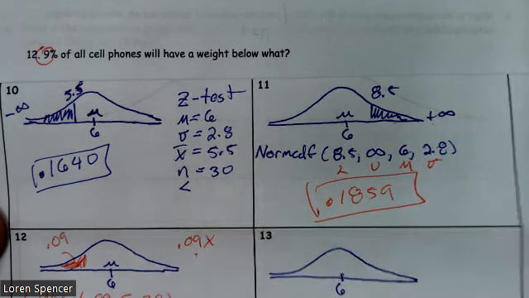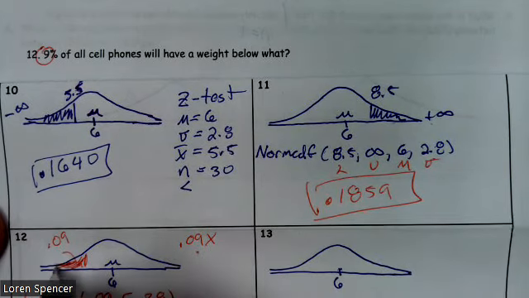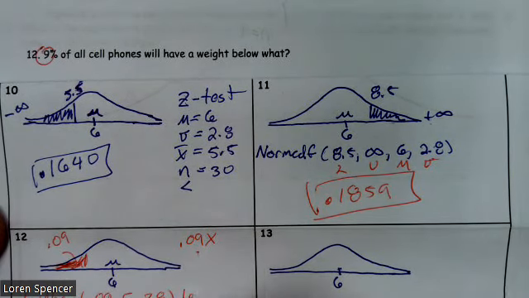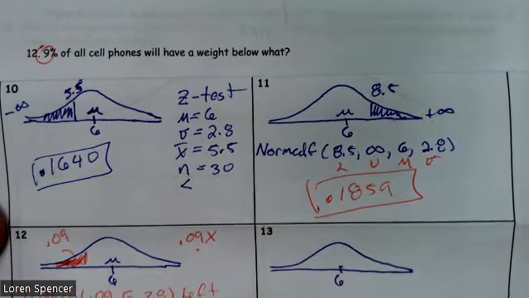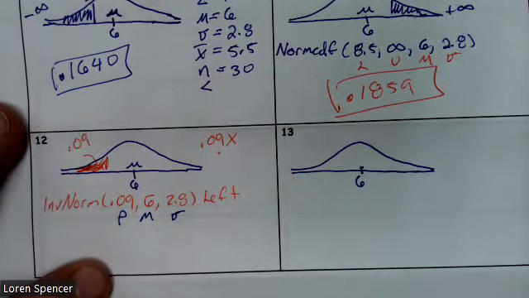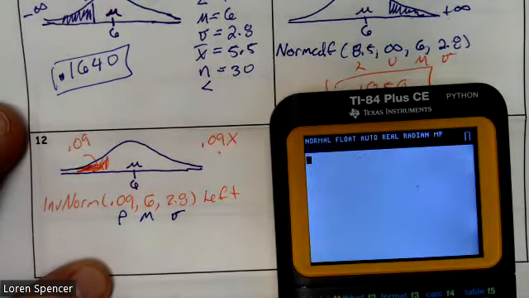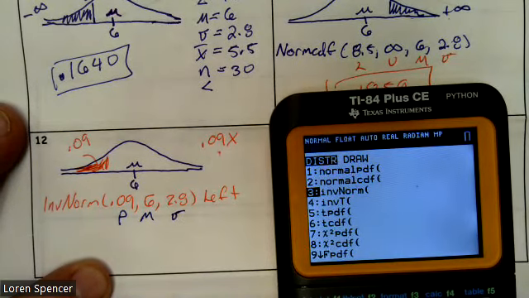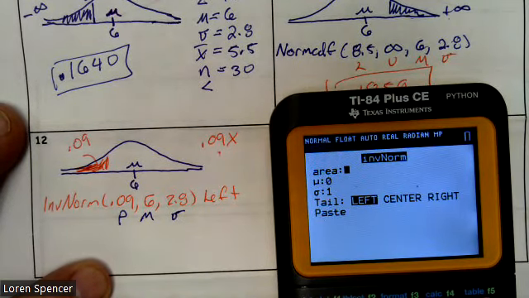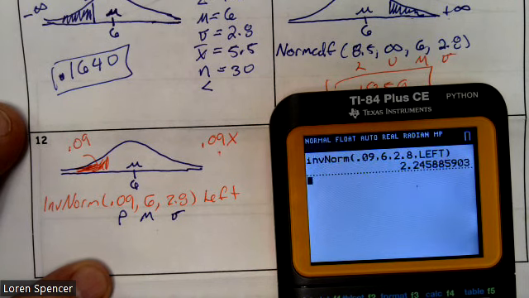And in this case, we're shaded on the left-hand side, so this is on the left because we shaded to negative infinity. So I go to plug this in, second vars, inverse norm. My area is 0.09, my mean is 6, my standard deviation is 2.8. We're coming from the left, press enter, and we get 2.2458.